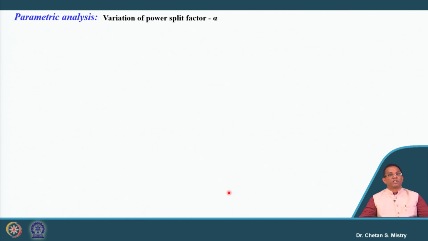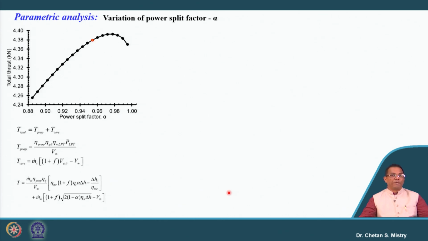So here in this case, let's take the variation of power split factor, keeping all other parameters the same. If we look carefully, it says with increase of power split factor, our thrust will be increasing up to a certain extent, and after that it falls down. What is the reason behind the falling down? You can correlate that based on this equation.